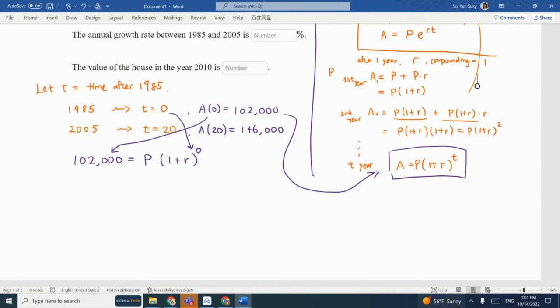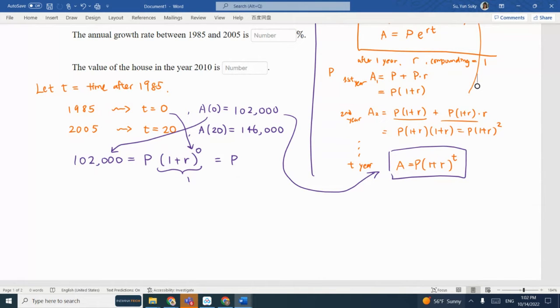We put these two numbers into this formula: A of 0 is 102,000 equals P times 1 plus R raised to the 0. Remember, any number to the 0 is 1. Therefore, P equals 102,000.